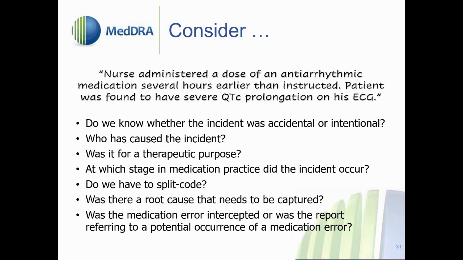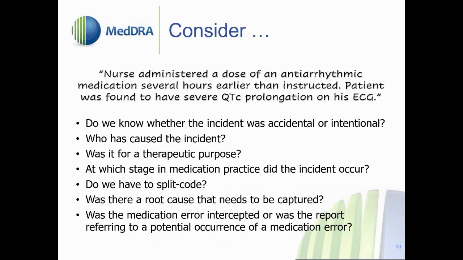We have to check the first basic questions, which always have to be answered. Are we told at which stage the error occurred and whether there was a chain of events, whether the first incident led to subsequent events or to harm, to clinical consequences in the patient?